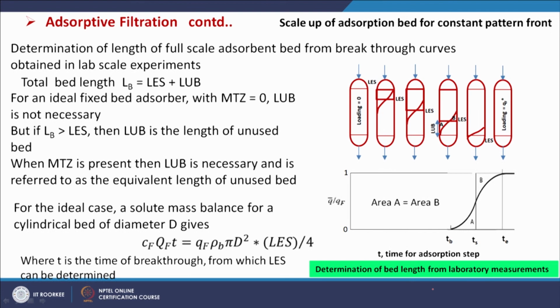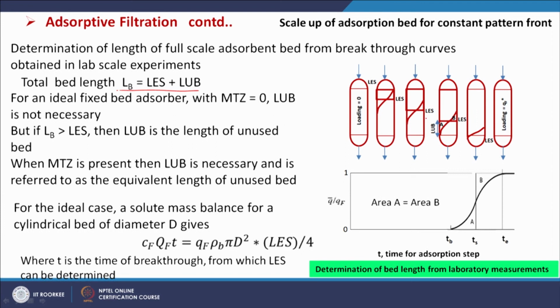Now, scale up of the adsorption bed for constant pattern formed. If we want to calculate the length, or know the LES and LUB, we can assume that initially the water is going through this bed and the LES gradually increases, and this front is not like this, it is actually an S shaped curve.